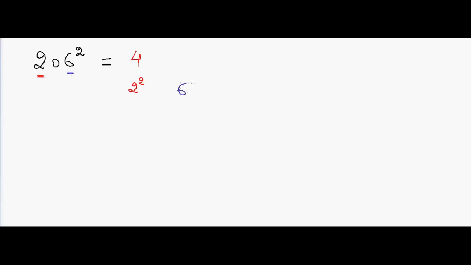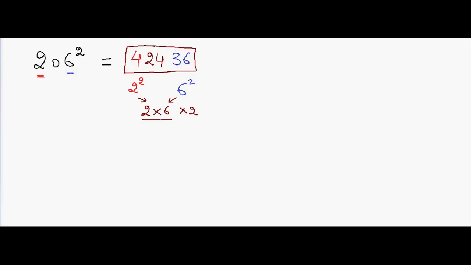So square of 6 is 36, right? And now to get the middle numbers, I'll multiply 2 and 6, and then I'll multiply again with 2, and that will be 6 into 4, 24. So that will be the answer.